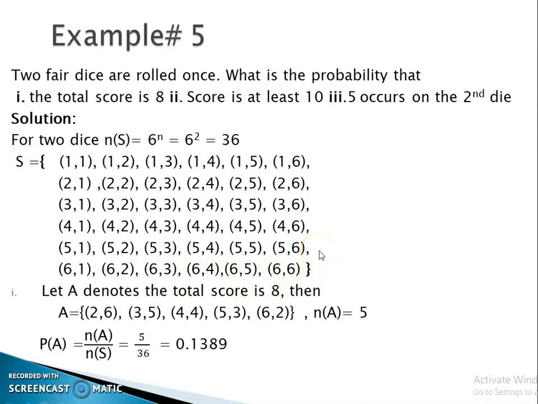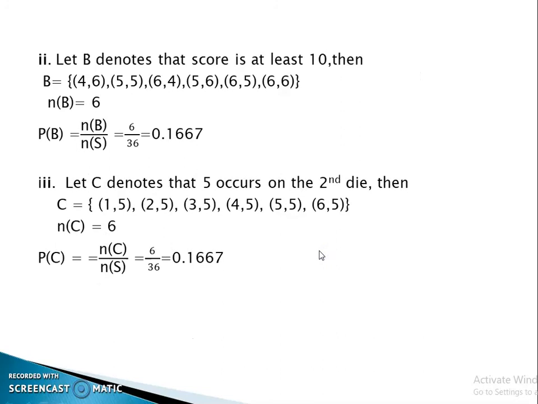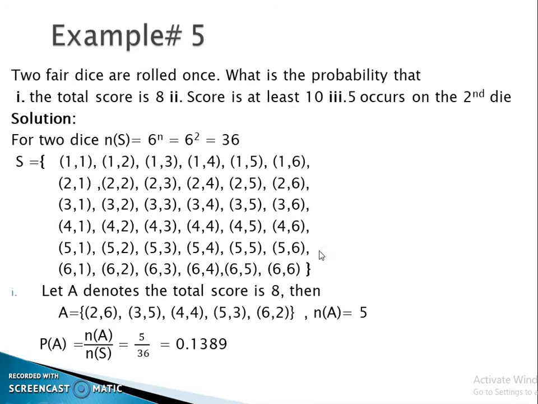You are already familiar with the construction of the sample space in case two fair dice are thrown. Let A denote that the total score is 8. Then, looking at the outcomes of the sample space, we can see that the outcomes (2,6), (3,5), (4,4), (5,3) and (6,2) score total 8.